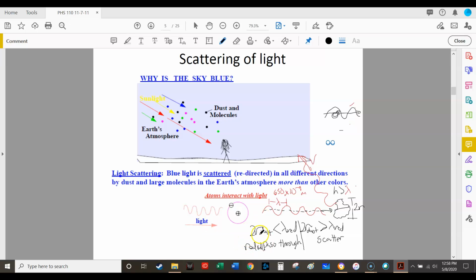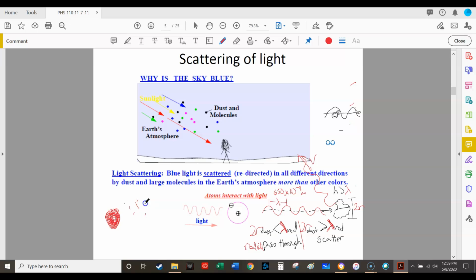If the diameter of the dust particle is greater than the wavelength of red, then it will scatter red back out into the sky. And so that's why you see sunsets that are red, right? Because some red is getting through. So if you see a red sun, that means you are seeing red getting through.